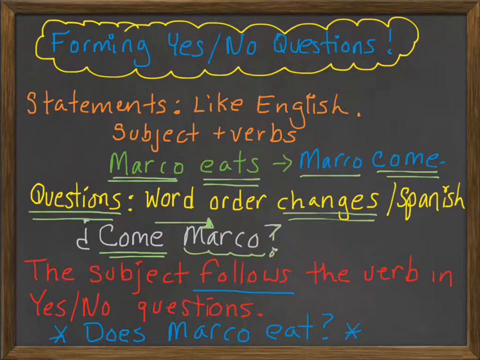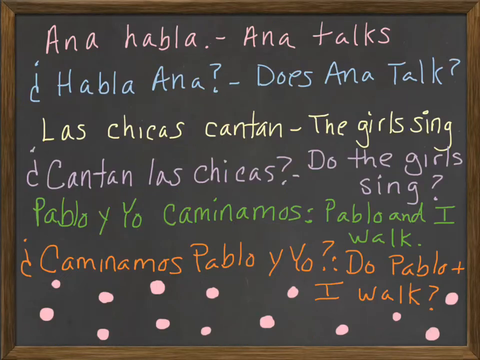Don't forget to put your question marks, and make your voice go up on the end just a little bit. Once again, the subject follows the verb in yes/no questions in Spanish. So come Marco would be translated, does Marco eat? Does Marco eat? Let's keep going.